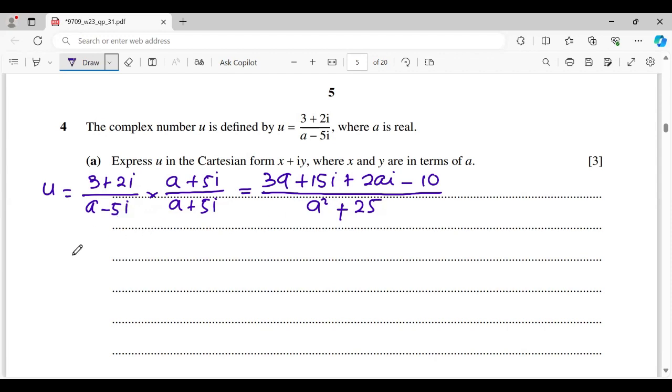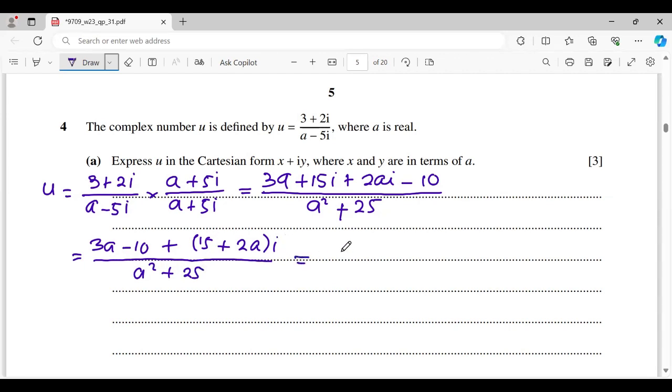I would like to write this fraction like this. I'm going to separate the real part, 3a minus 10, and then plus the imaginary part, 15 plus 2a factorized, over a squared plus 25.